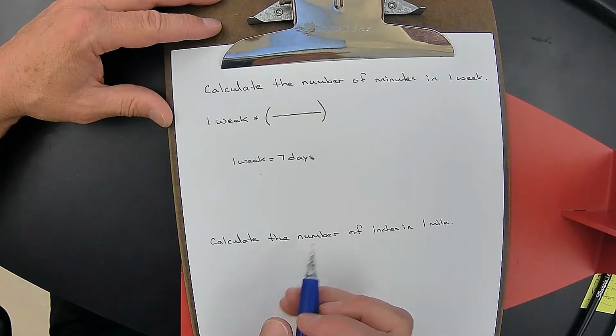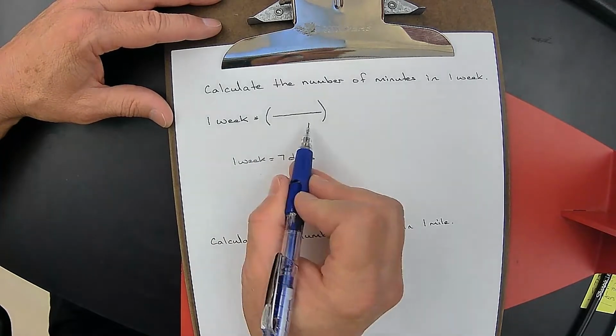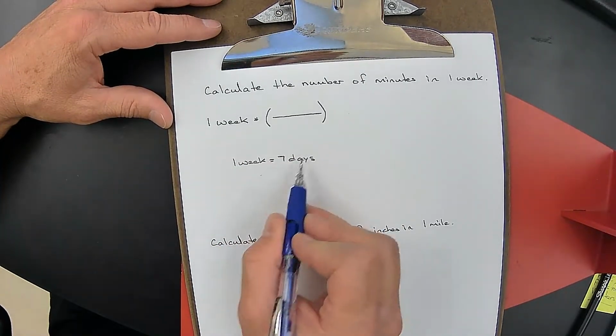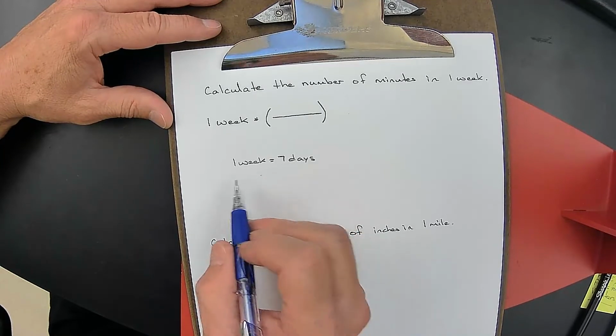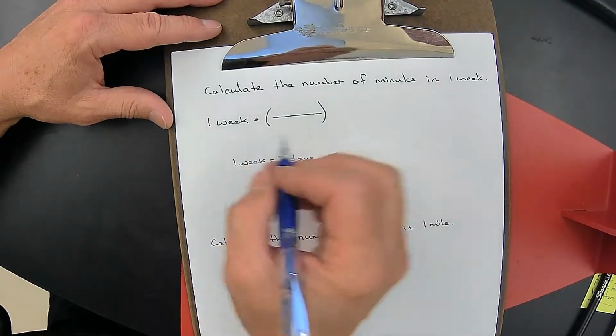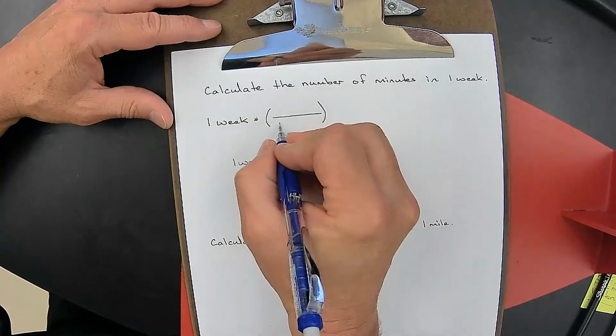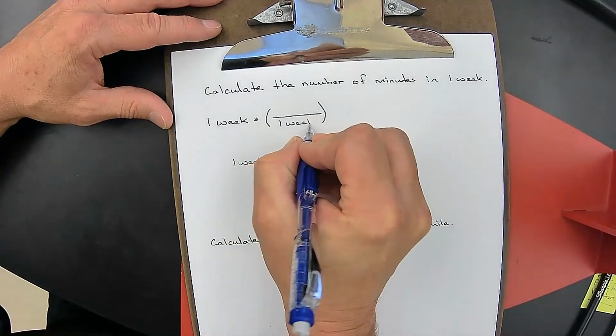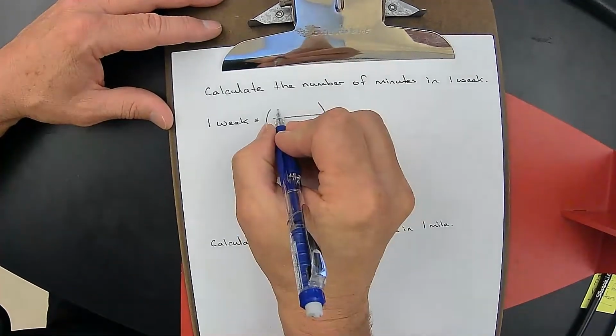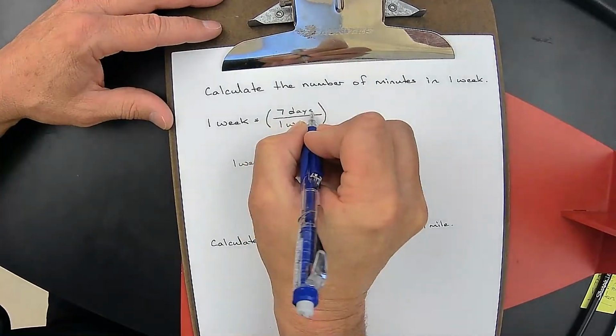What we learned was the way that we know which one goes to the top and which one goes to the bottom is we have to put it in so the units cancel out. So since I have the units of week right here, I'm going to put 1 week on the bottom, and I'm going to put 7 days on the top.